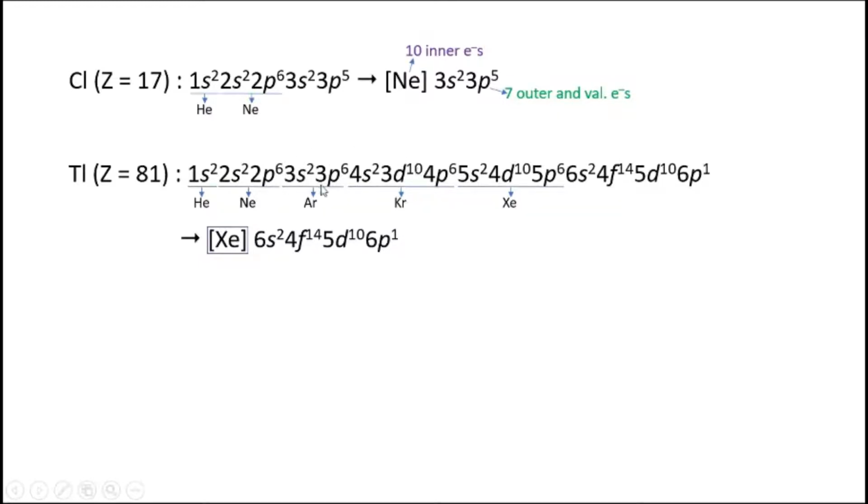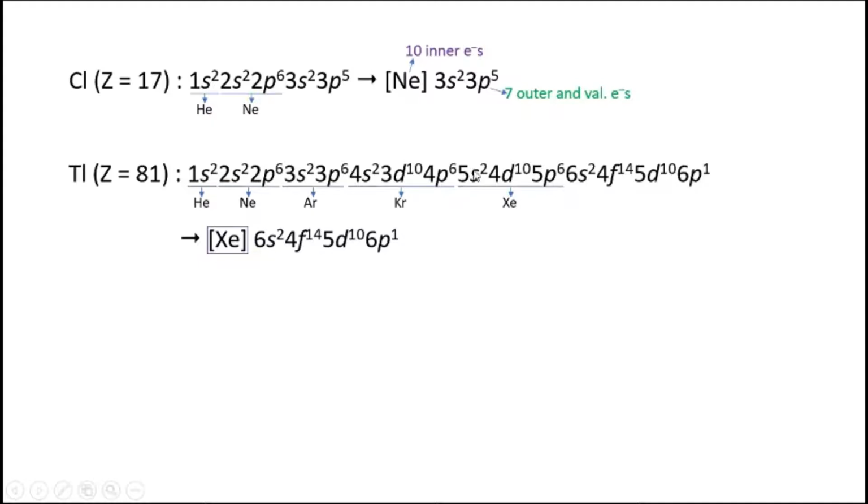So all those are inner levels. Your 4s2, your 4p6, your 4d10, as well as your 4f14 are all completely filled up, meaning your n equals 4 is completely filled. And so those are still going to be considered inner electrons. Same deal when we get to our 5.